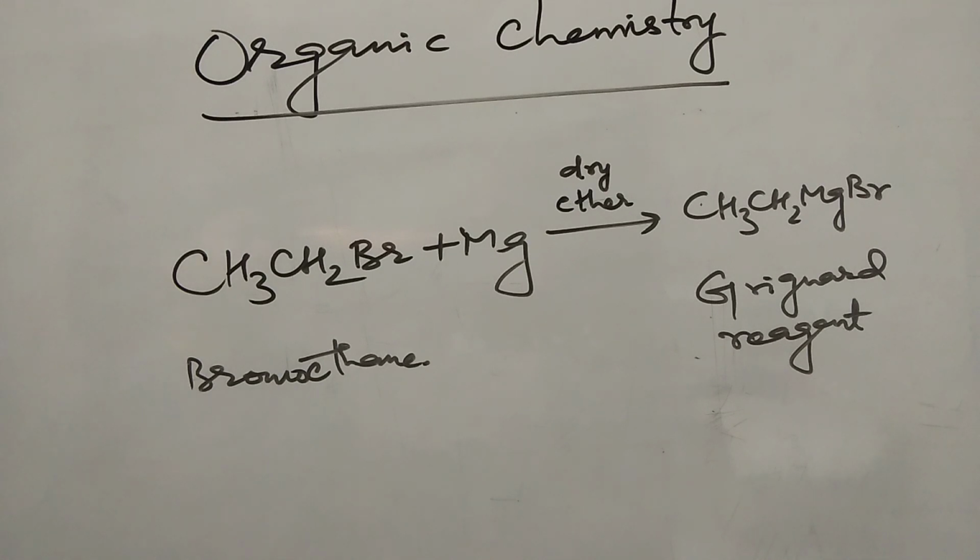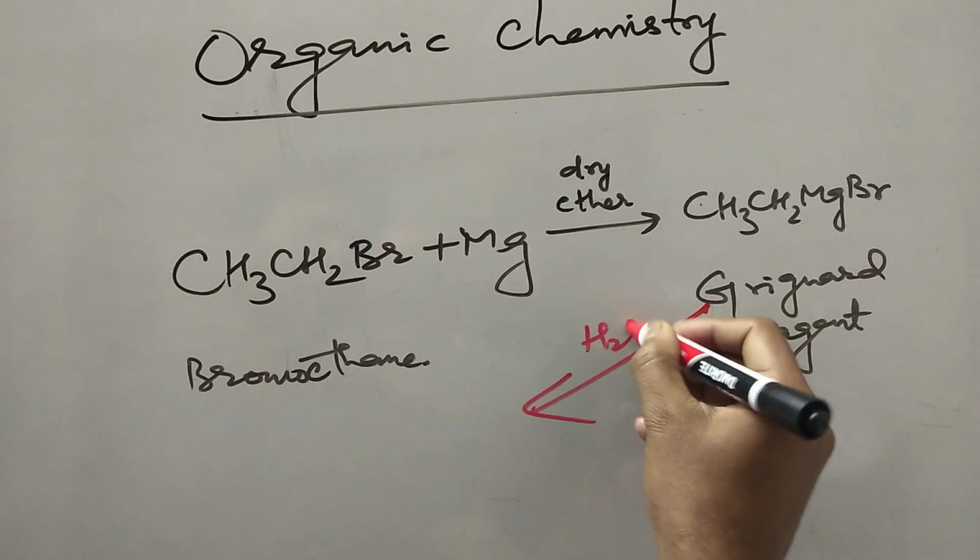Now, one of the important characteristics of Grignard reagent is that the carbon of Grignard reagent is nucleophilic. That means it has negative charge. So any electrophilic reagent it can attack. So Grignard reagent is always prepared in anhydrous condition.